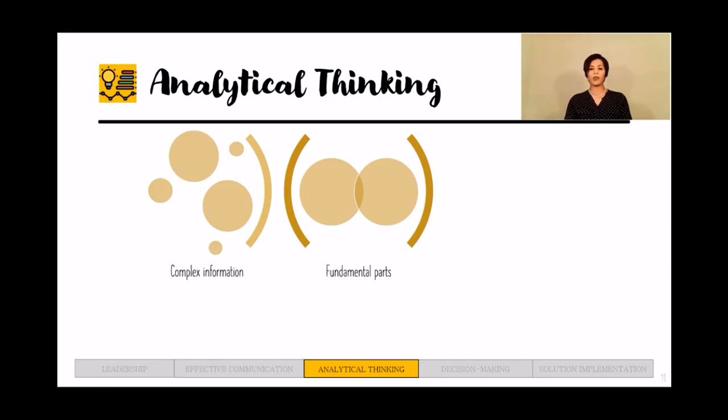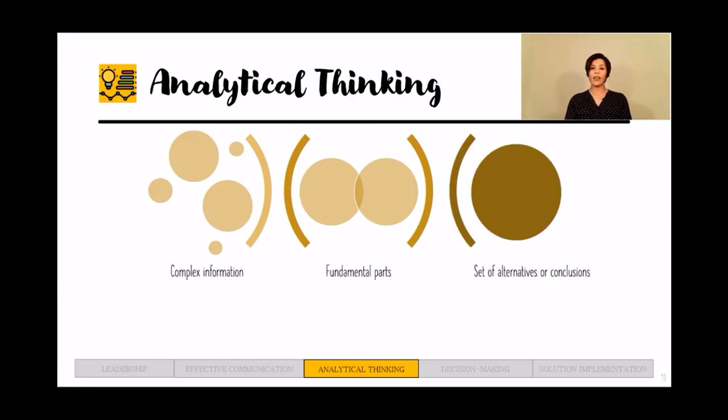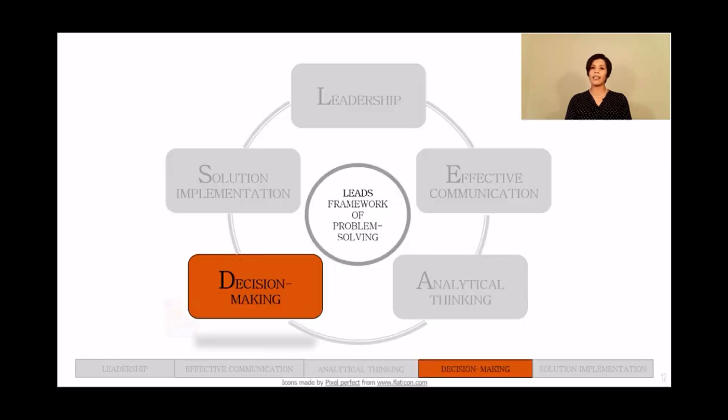In this module on analytical thinking, we will introduce some specific skills to break down complex information, discuss data gathering and research techniques, and ways to interpret information to derive a set of alternatives, which leads us to the next section on decision making.